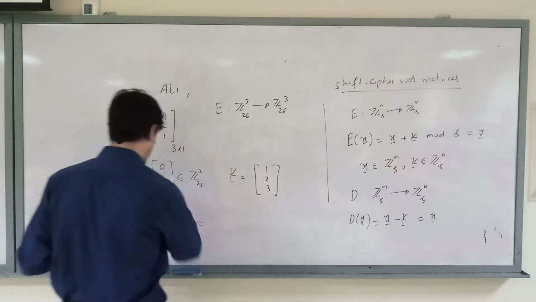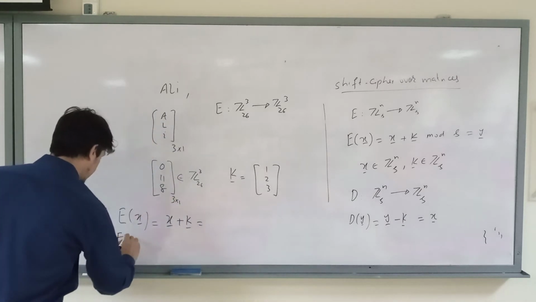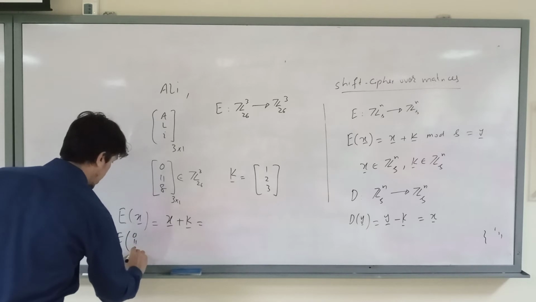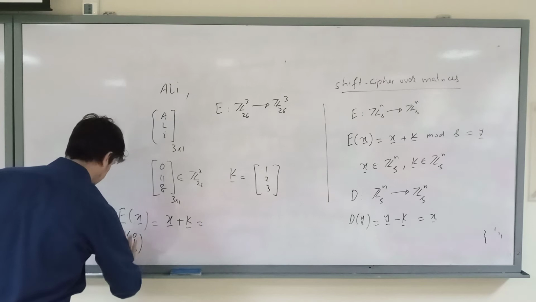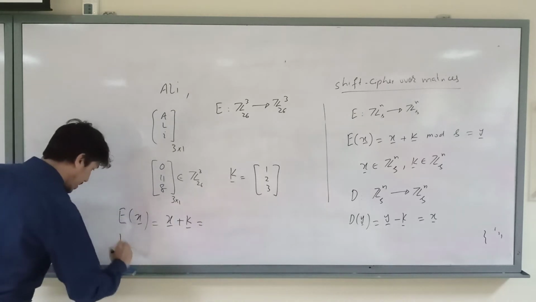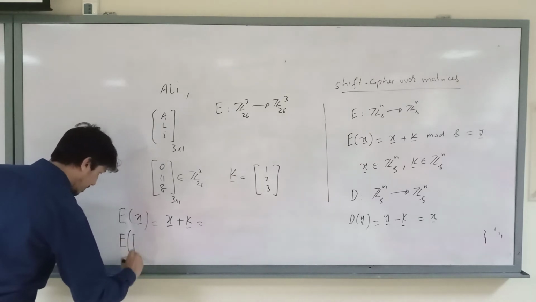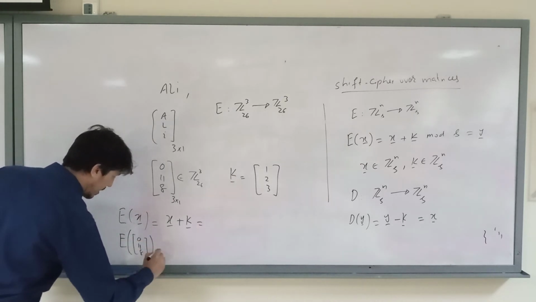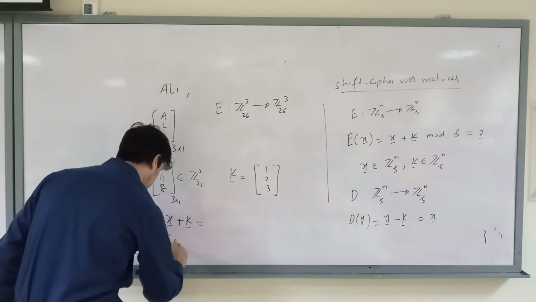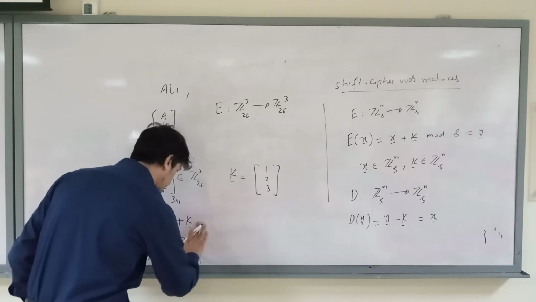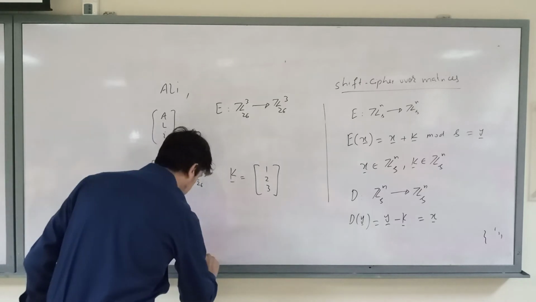So I put the input x, which is 0, 11, 8, and I just add my key, which is 1, 2, 3.